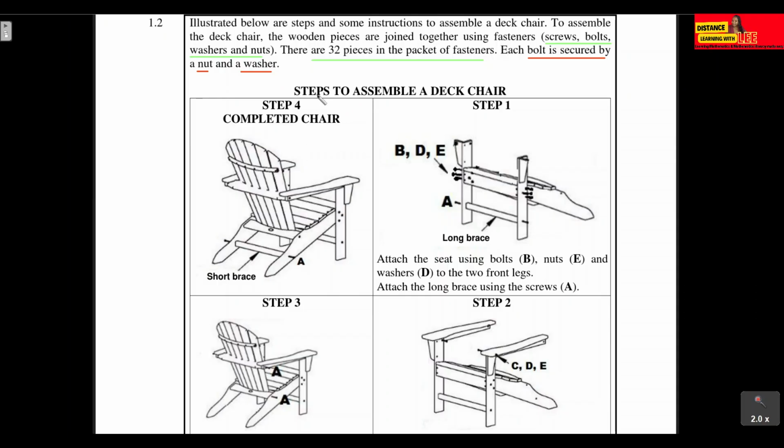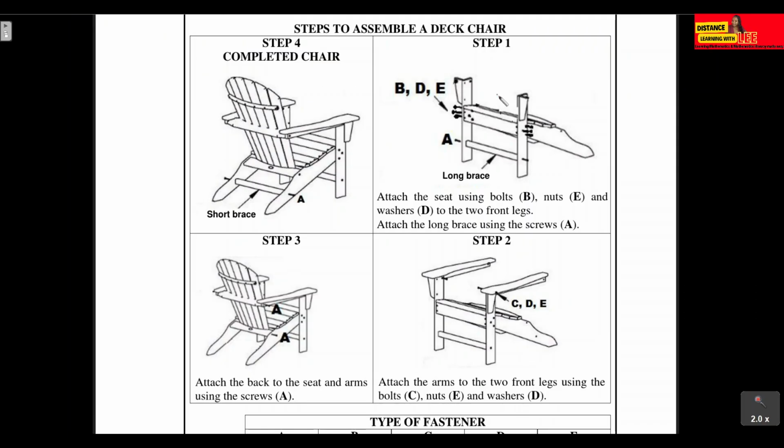Okay, let's have a look here. It says steps to assemble a deck chair. We're given these different steps that you need to follow when assembling this deck chair. The first step is that you need to attach the seats using bolts. So the B stands for bolts, the E stands for nuts, and the D stands for washers, to the two front legs.